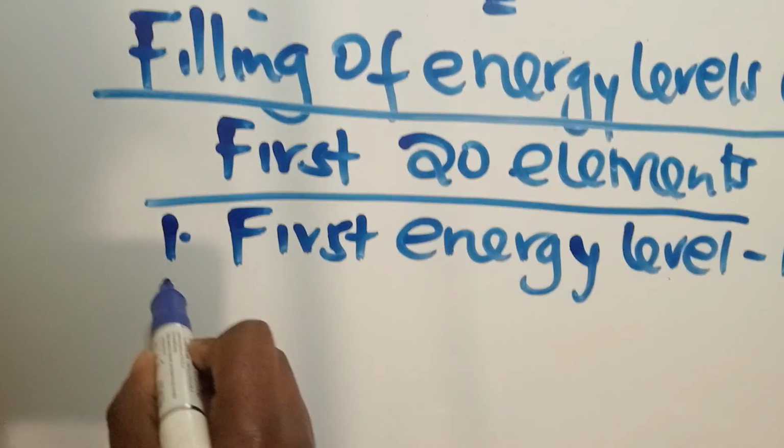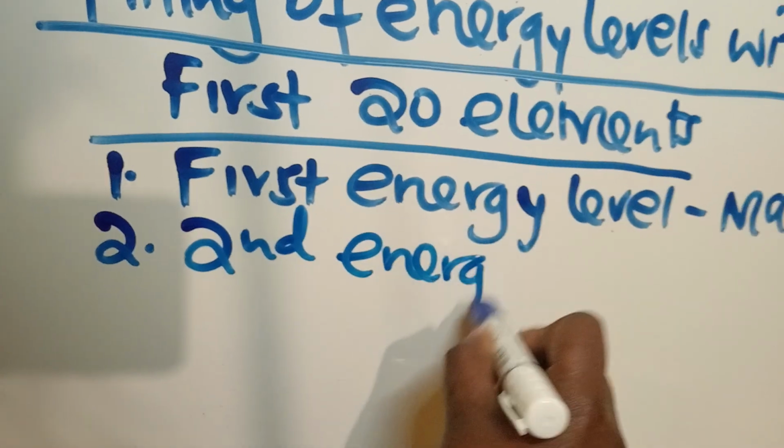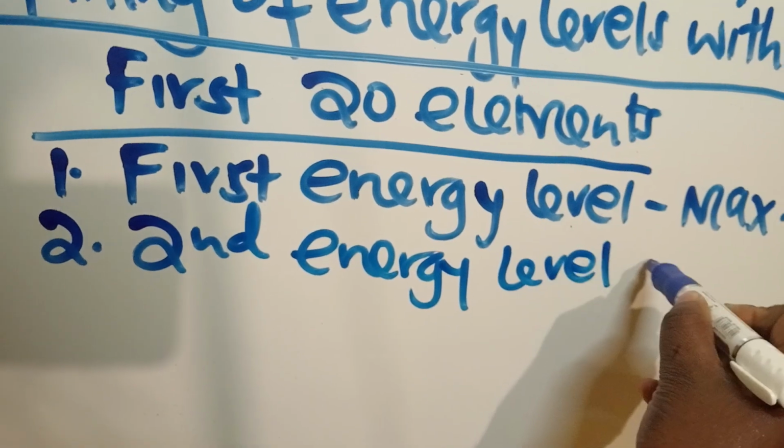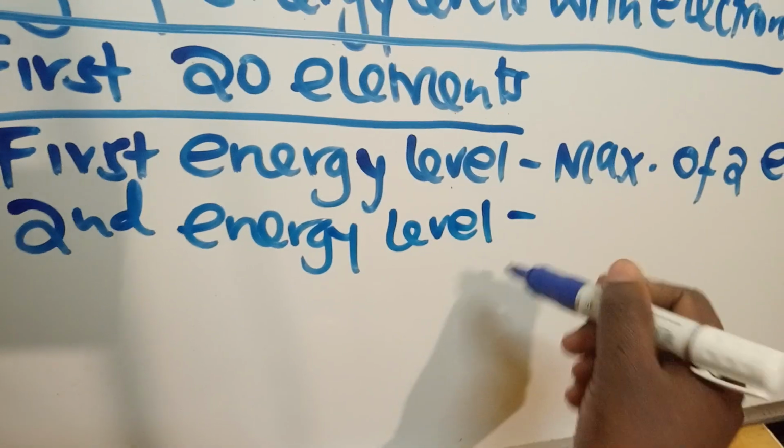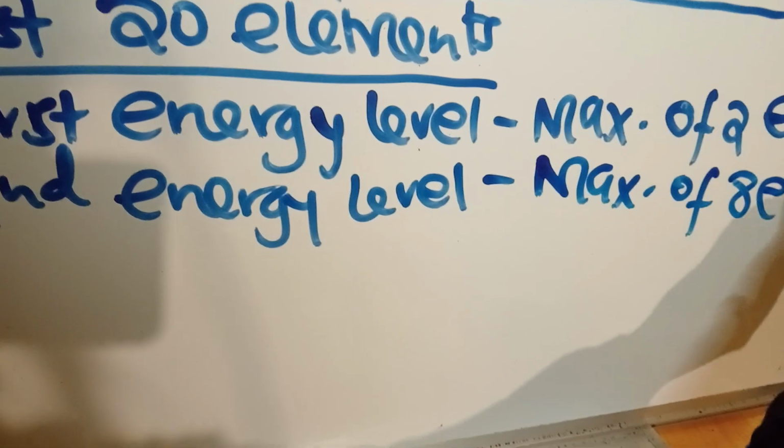The second energy level, again for the first 20 elements, has a maximum of 8 electrons.